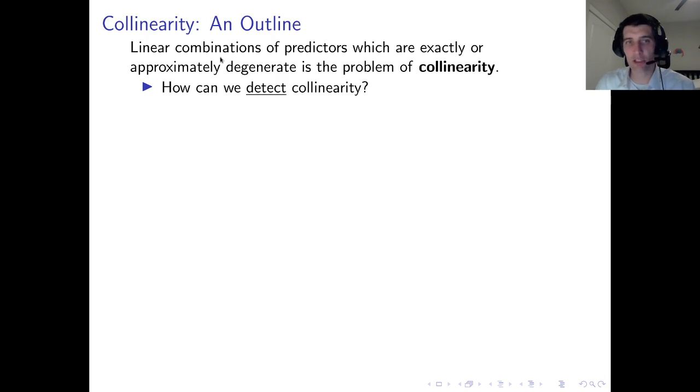So linear combinations of predictors which are exactly or approximately degenerate, and by degenerate I mean equal to 0, are the problem of collinearity. Multicollinearity refers to when we have multiple vectors in a linear combination which produce a degenerate linear combination.